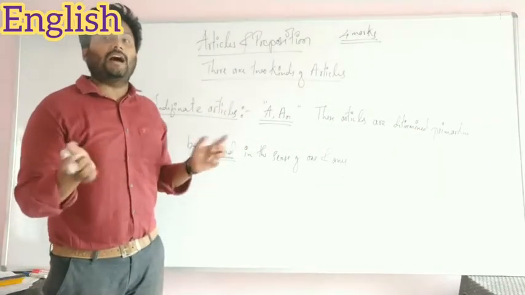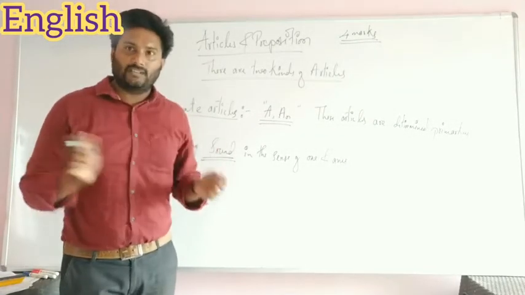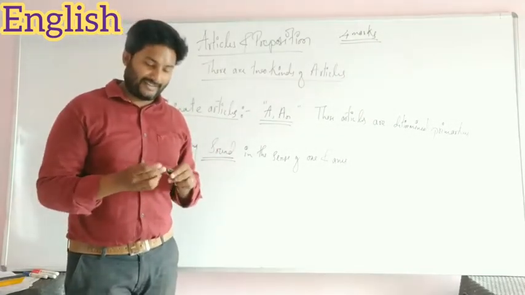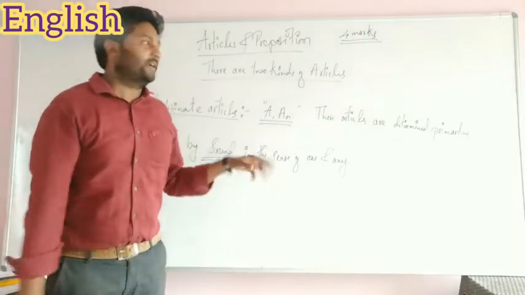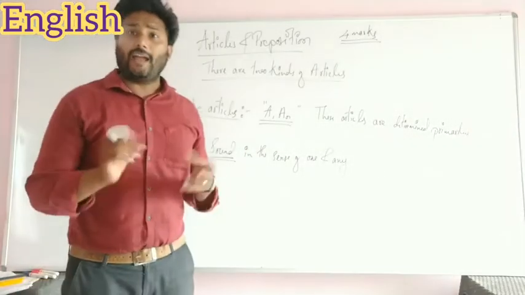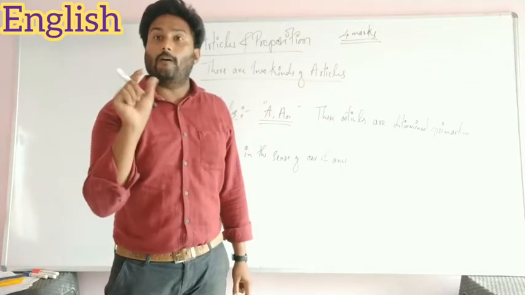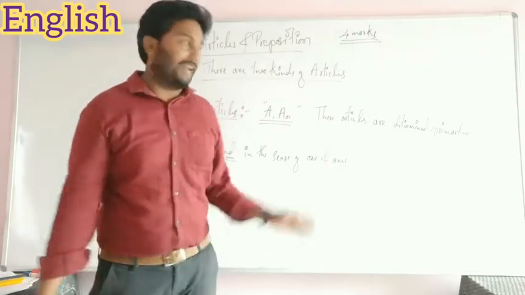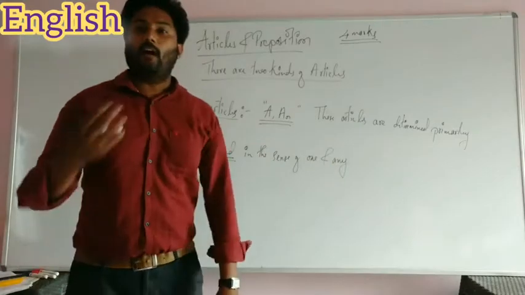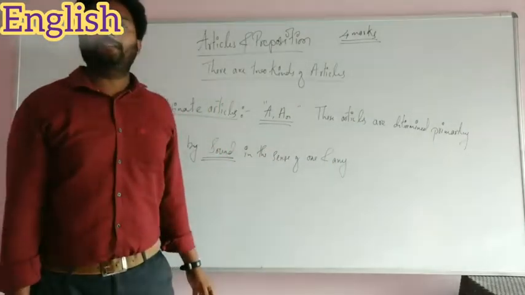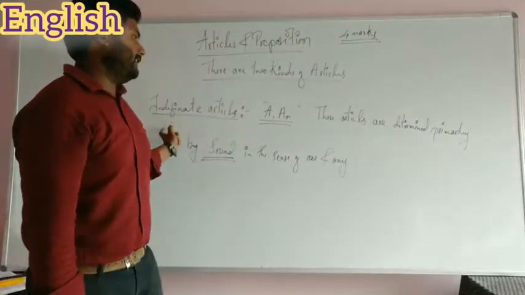These may change to either a consonant or a vowel. See, in the next example we'll discuss that, because a and an: an is used in front of a vowel word, which produces a consonant sound. Like this, it depends on the sound. That's why it is known as the indefinite article.